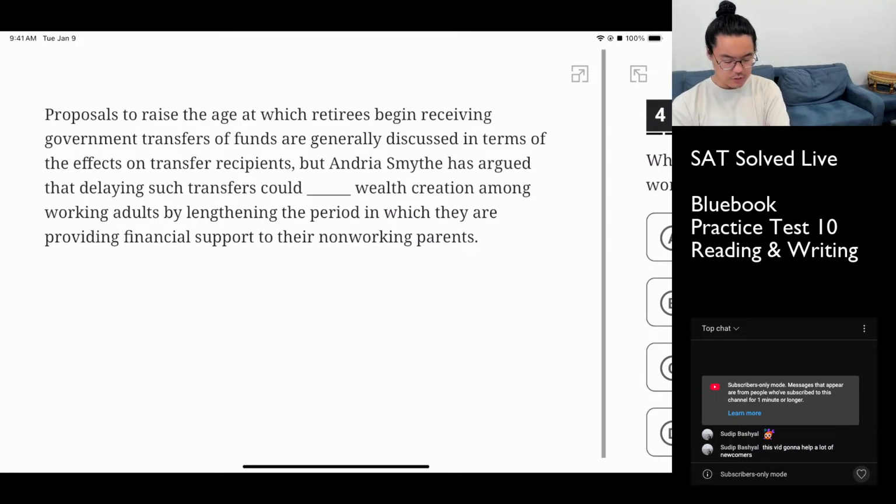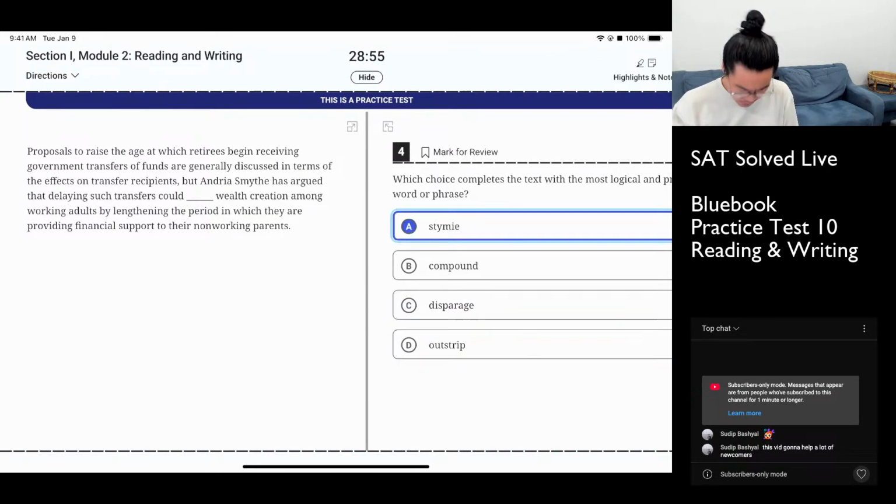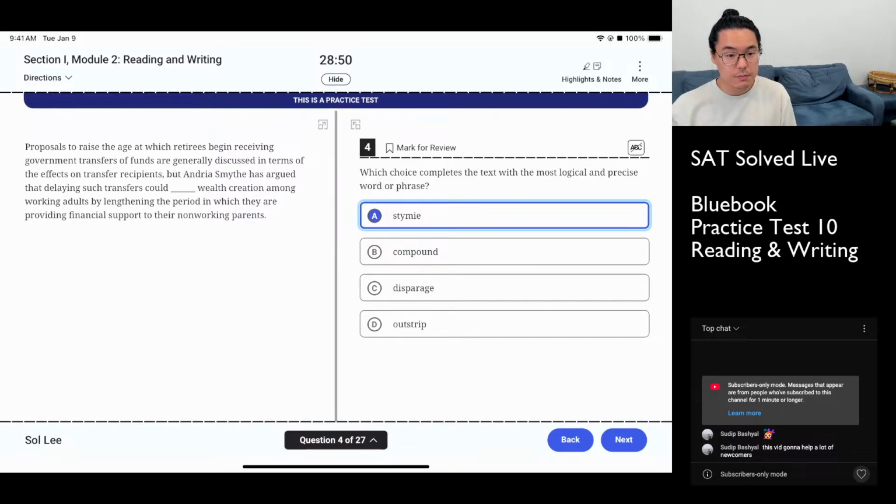Generally discussed in terms of the effects on the recipients, okay. But we should focus on the harm, but we should focus on the actual supporters. Could delay, hurt, stymie, yeah, because now they're supporting the parents. So we have to be focusing on not the recipients, but the helpers of the recipients. Okay. Interesting. That was hard for me to predict for some reason, but stymie, yeah, we're actually harming the wealth, we're limiting the wealth creation. Okay, that makes sense.